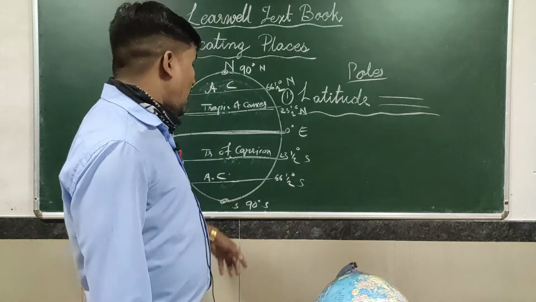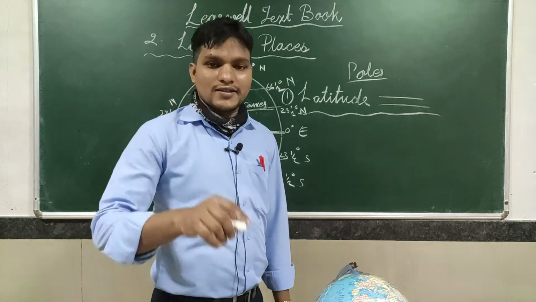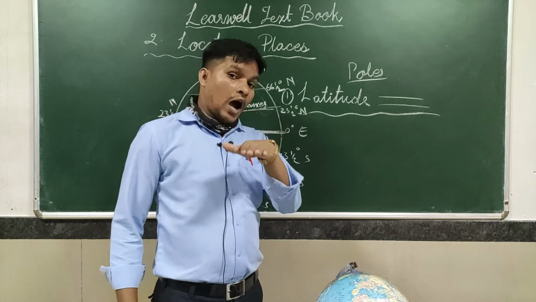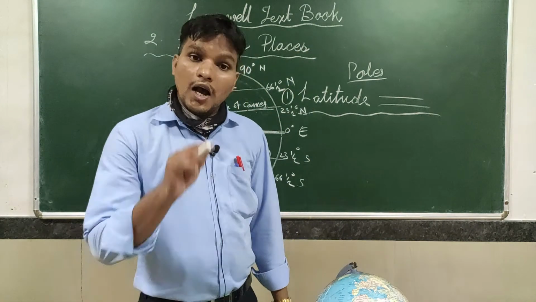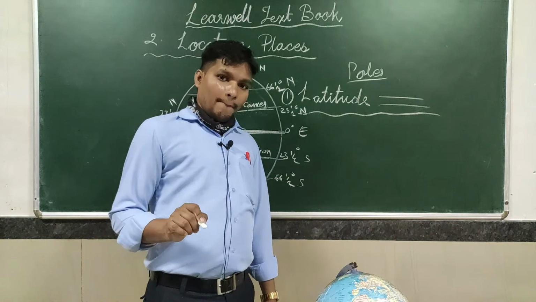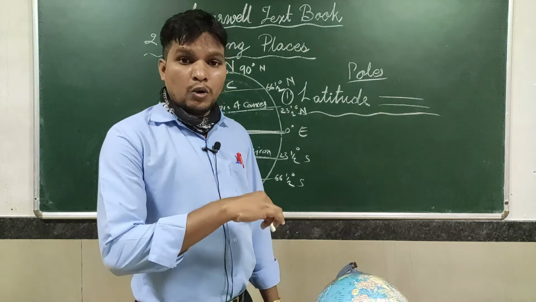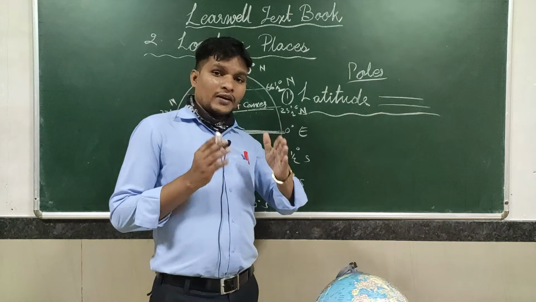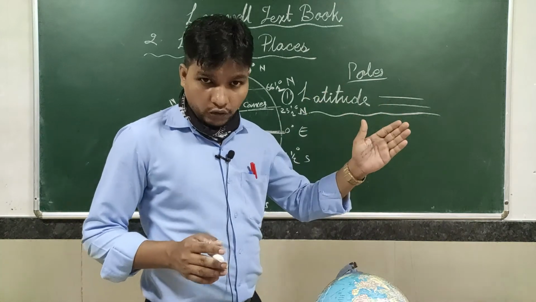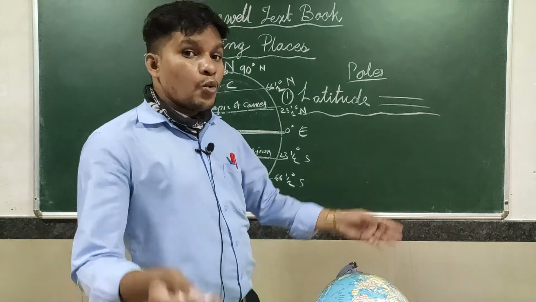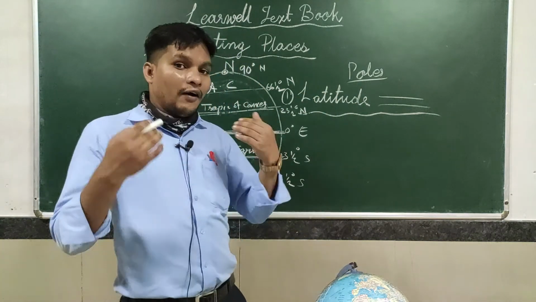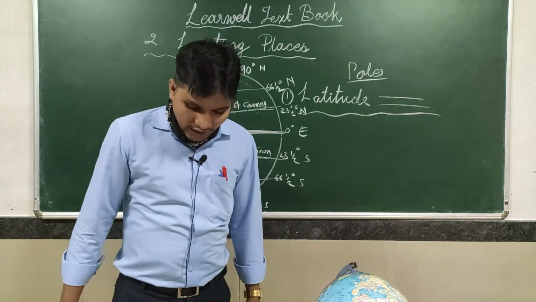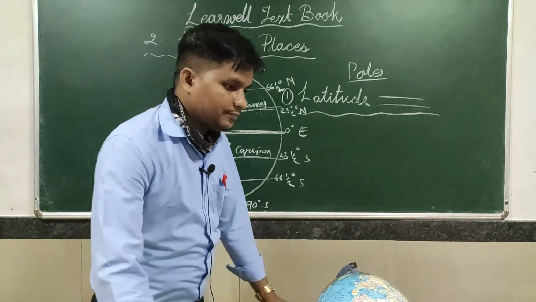Keep in mind properly, it may also be given that 66½ south is called the Antarctic Circle, 66½ degrees north is known as the Arctic Circle, 23½ degrees south is known as the Tropic of Capricorn, and 23½ degrees north is known as the Tropic of Cancer. So we have to keep all these things in mind. That might help you remember easily and answer properly and quickly. I hope you can understand.